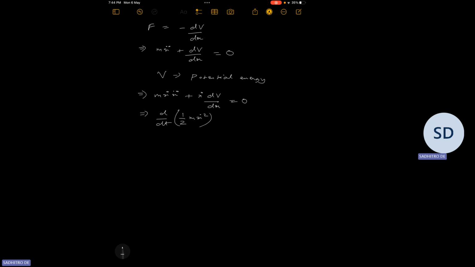This is the first term, and the second term, by chain rule, we can write as d/dt of V of x.